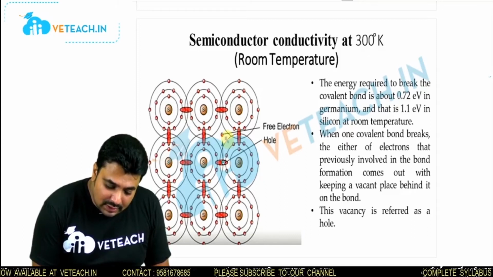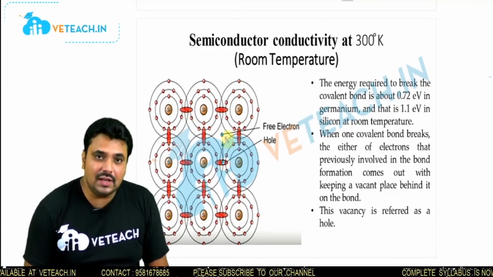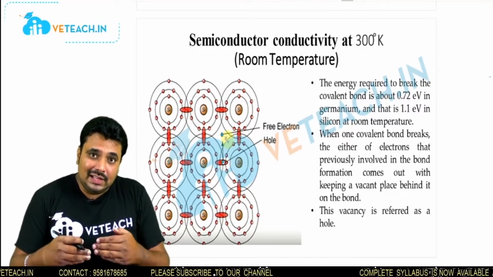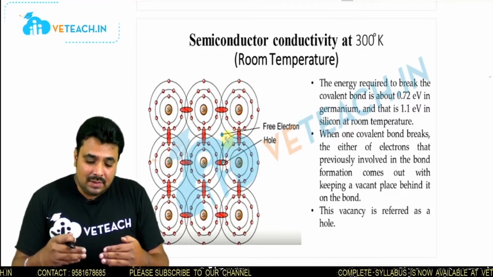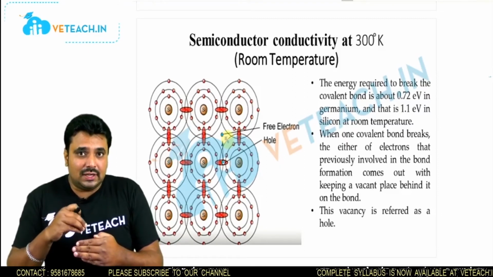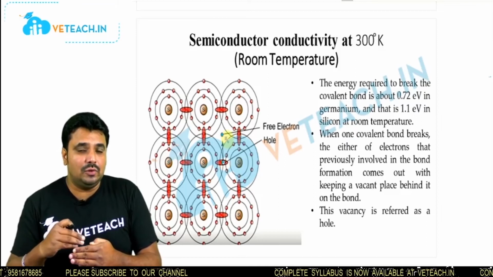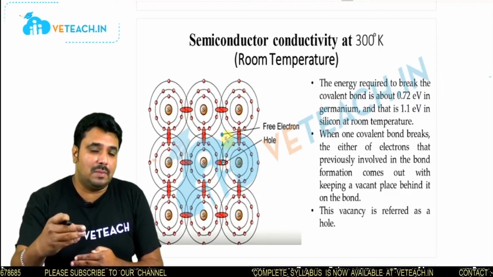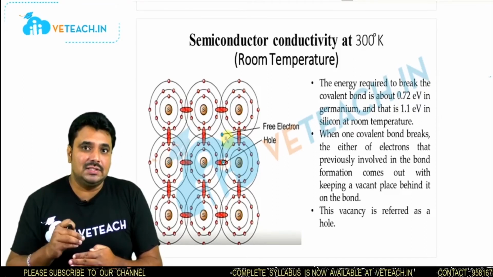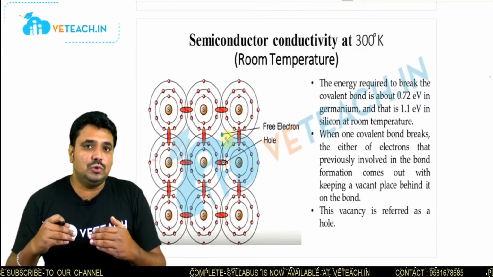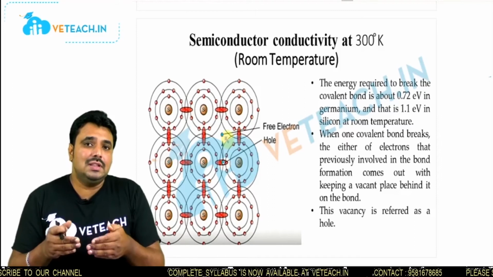The valency electron is now a free electron. The electron present in the valency band is called a valency electron. To move from the valency band to the conduction band, we need some external energy. Once the electron acquires that energy, it will try to move towards the conduction band.